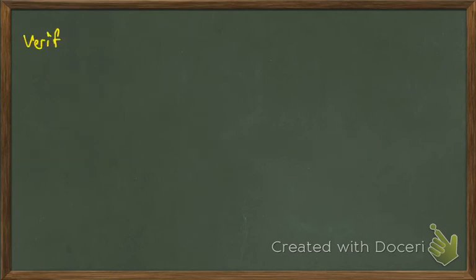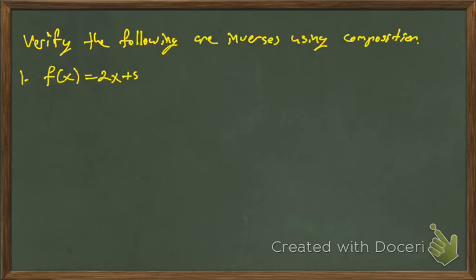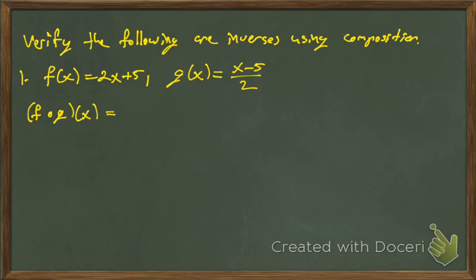All right, so first question here is we want to verify the following are inverses using composition. So f of x is equal to 2x plus 5, and g of x is equal to (x minus 5) over 2. So we'll find f composed with g of x, which is f of g of x, which is equal to f of (x minus 5) over 2.